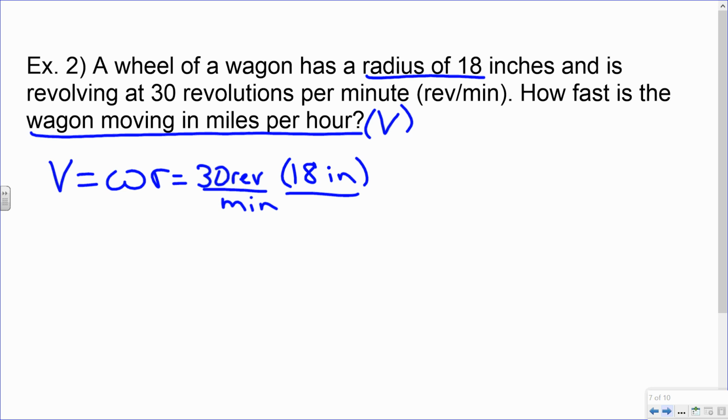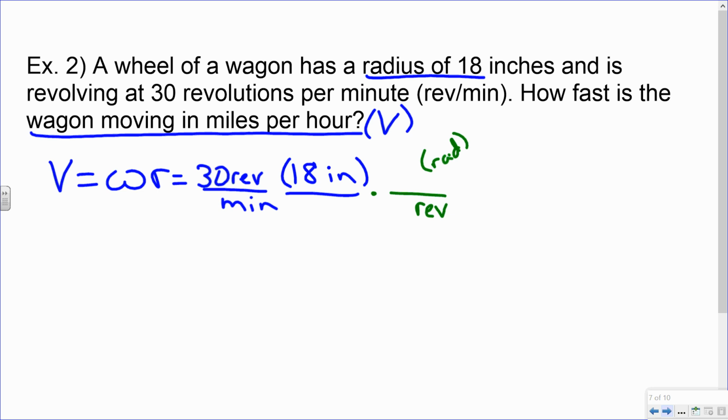So we need to get rid of the revolutions. So we need those down in the denominator. And then I need radians up here, which I don't really need to write. I'll put that in just for emphasis. So what numbers go in that multiplier?